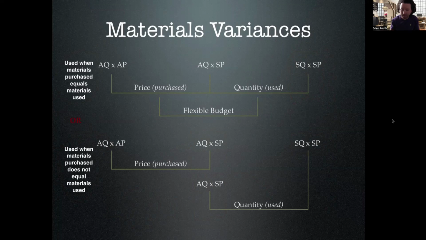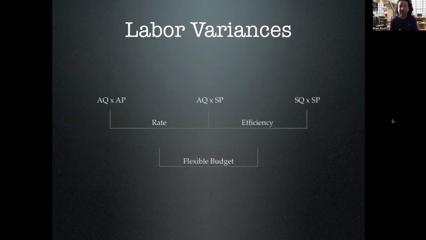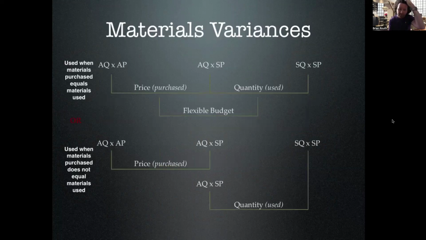So let's briefly look then at our labor variances. See, it's the normal diagram, nothing new or fancy about that. We're calculating our rate or price variance and our usage or efficiency variance, and then our total flexible budget variance. Now one thing I do want to point out, I'm going to go back to the materials variances really quickly.